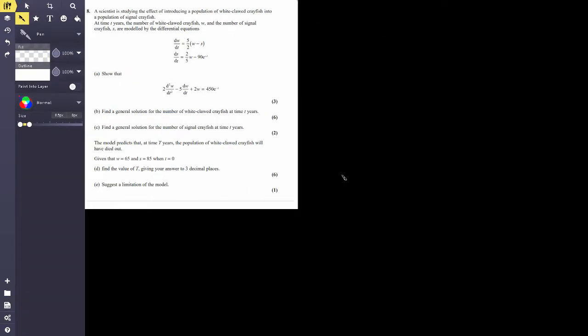Now, dead quick, I just forgot to actually write down the general solution in total. For your general solution, it's in terms of w here, so w is equal to, and we always write it as the complementary function plus the particular integral.